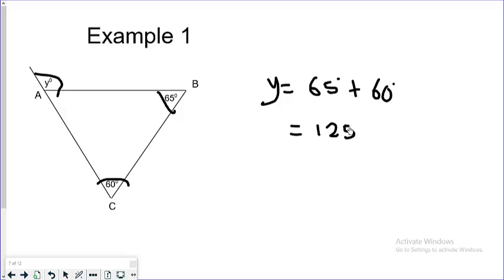Now this is very, very useful because it will save our time from finding the third angle of the triangle, then using this angle and this one to find the value of y using the sum of angles on a straight line.